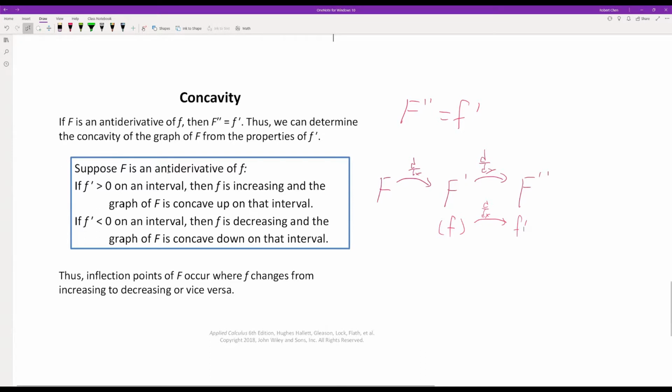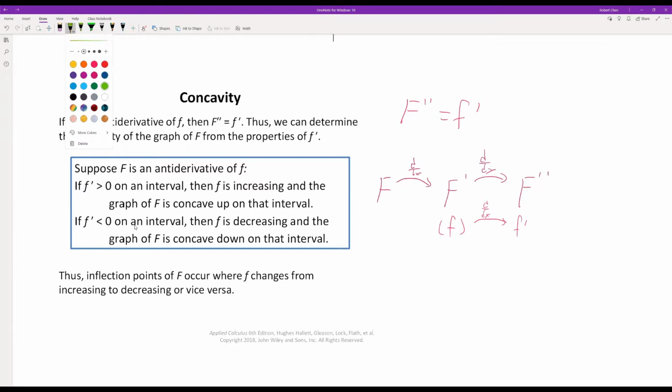suppose capital F is an antiderivative of lowercase f. If f prime is positive on an interval, then f is increasing, and capital F is concave up on that interval. And if f prime is negative on that interval, then f is decreasing, and the graph of capital F is concave down on that interval. All right, so let's talk a little bit about what we're saying here.